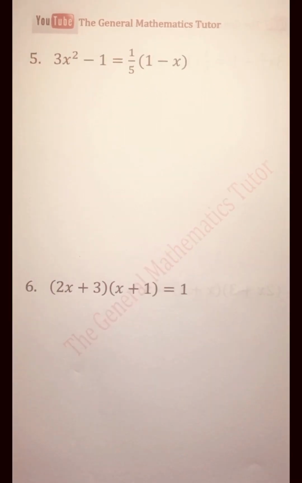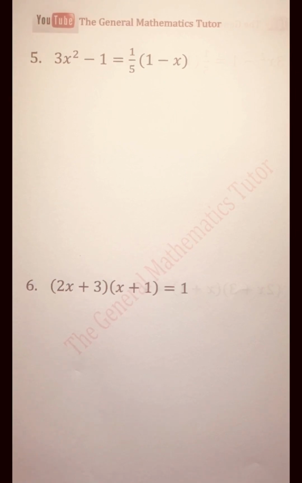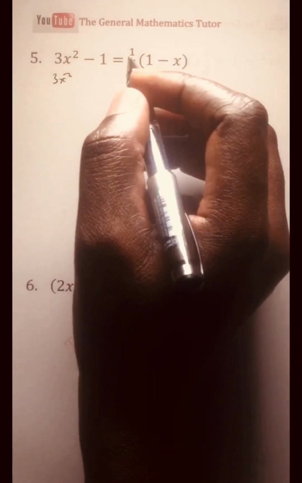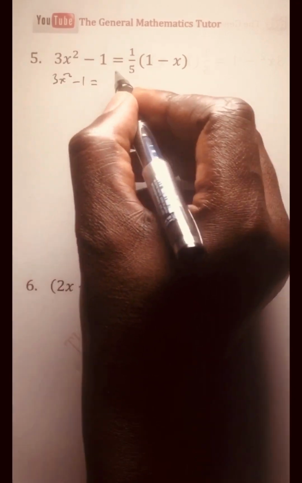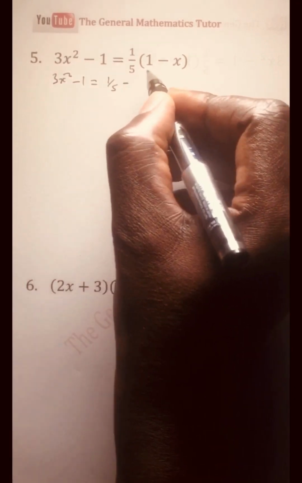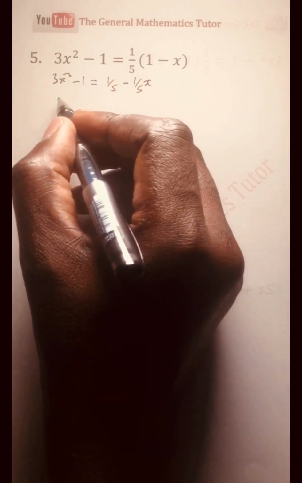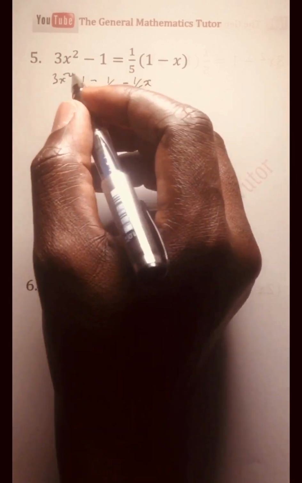Number 5, 3x squared minus 1 is equal to 1 over 5 into 1 minus x. So the first thing you're going to do is just rewrite this equation so that it is in standard form. So we'll have 3x squared minus 1 is equal to 1 over 5 minus 1 over 5x. So we collect the like terms, or we just bring these terms to the left hand side.